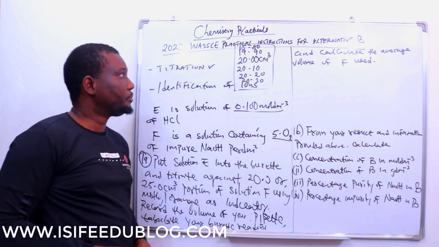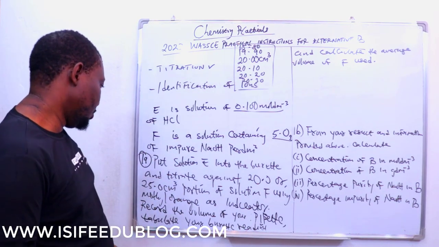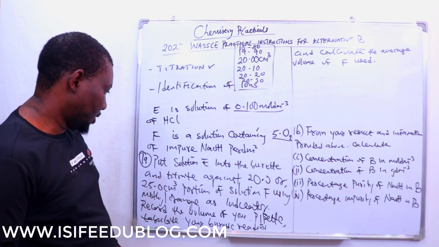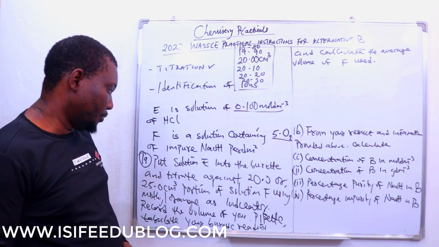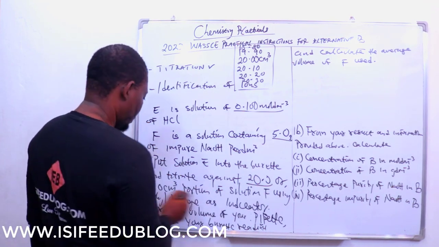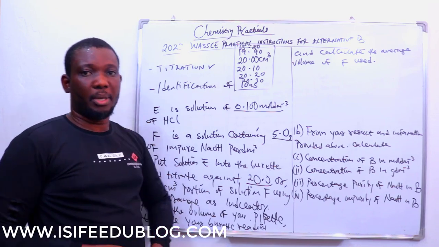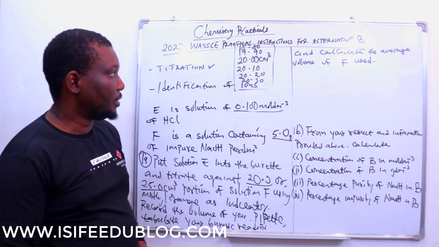So what I will do now is to present my table. But before that, I must first state the volume of my pipette, because you can come with various sizes, 20 or 25. So always check the size of your pipette, and mine is 25.